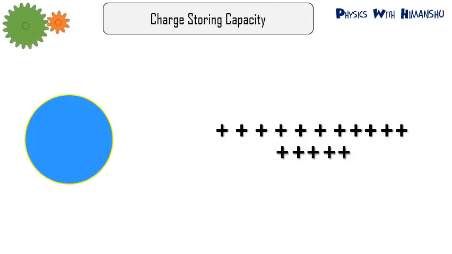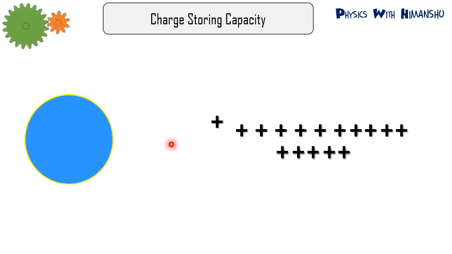Now we have a conductor here. You can see a spherical conductor, and I have to give charge to this conductor. I'll give the charge step by step. There is a lot of positive charge here, and I'll charge this conductor.